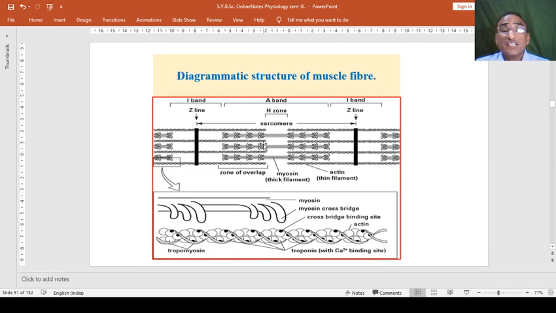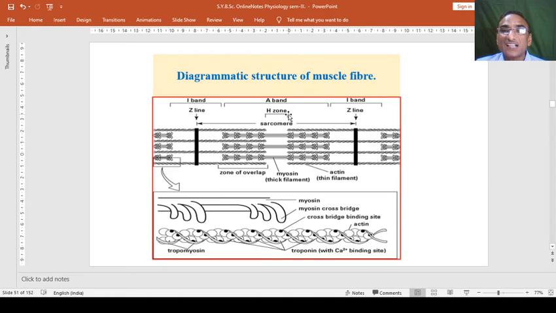Furthermore, we will see the same structure in a diagrammatic way, to clarify the concept of these muscles. Whenever the muscles work, they have elasticity among their tissues or cells, and this elasticity is only due to these myofibrils or myofilaments, in which the protein molecules are present in different zones or bands.